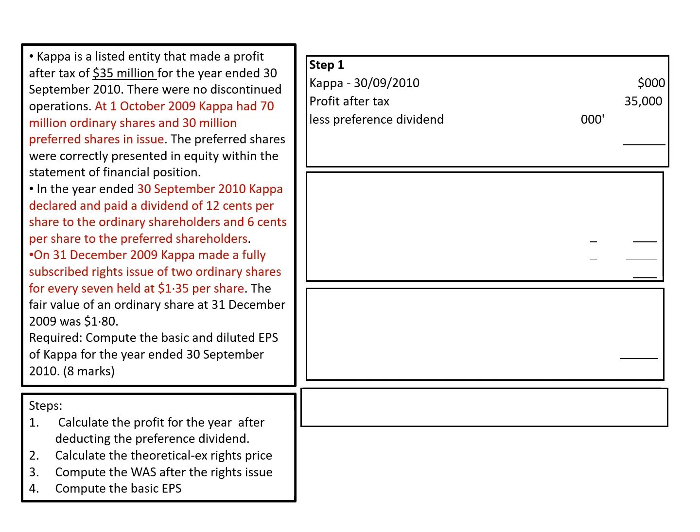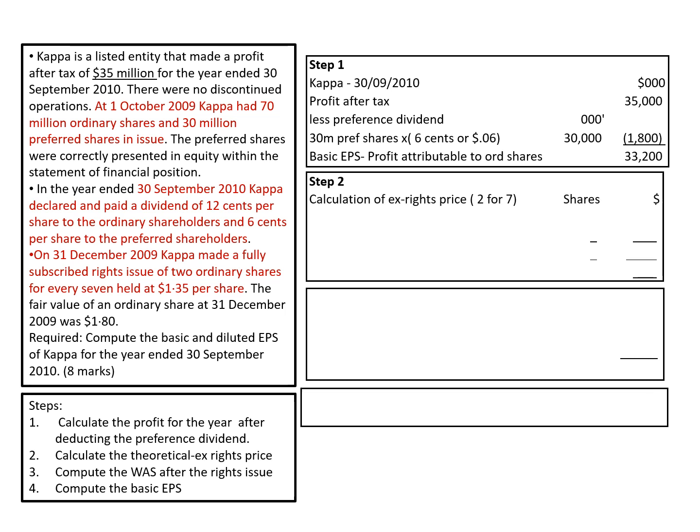We take away the preference dividend, which is 6 cents per share, multiplied by the number of shares, which is 30 million, and we get a preference dividend of 1.8 million. So the profit attributable to the ordinary shares, for the basic EPS, is 33.2 million.